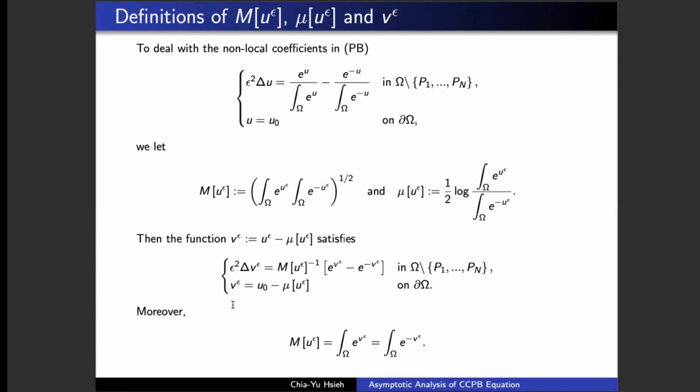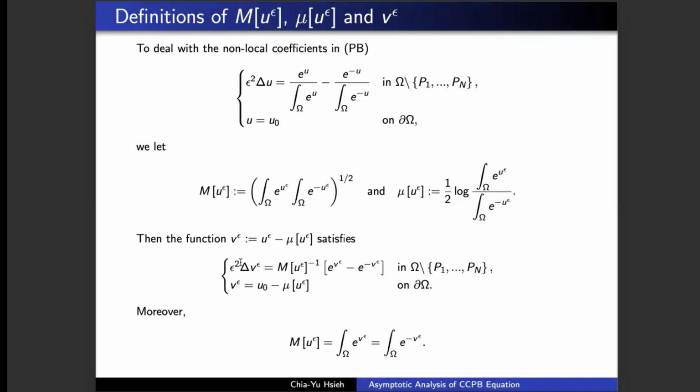We can see that in the equation of V, there is no non-local coefficient, although there are some constants M, mu, and epsilon. They vary depending on epsilon.